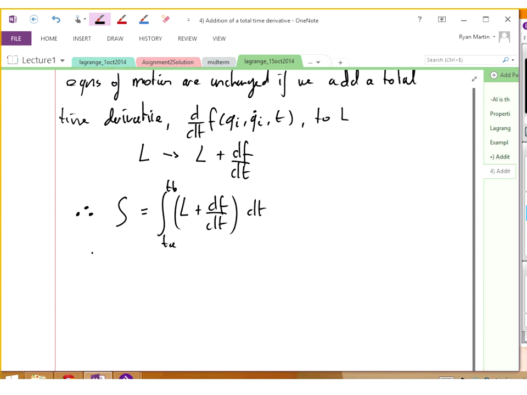All right. Hamilton's principle is that the equations of motion are given by requiring that S is stationary.